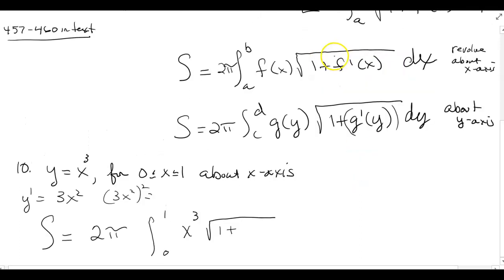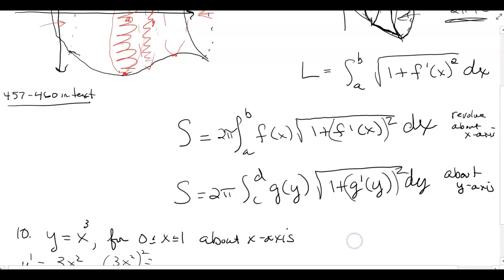Sorry, go back. Hopefully you were all thinking you didn't square it, even though it's squared for arc length. It must be squared for surface area too. I did not mean to confuse anybody. So please make sure they are squared. It is the exact arc length formula times the circumference of the base.